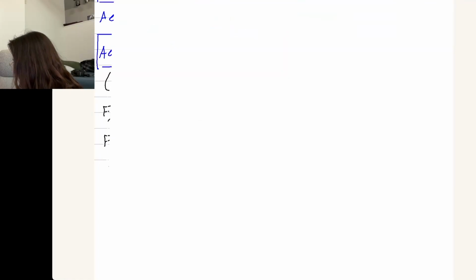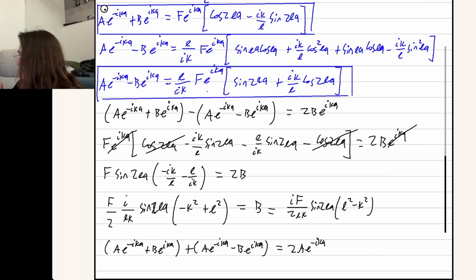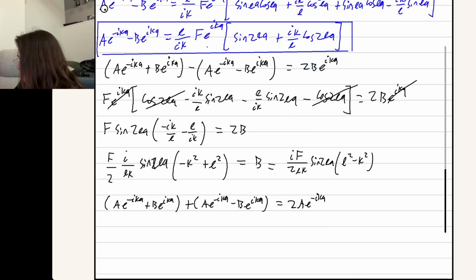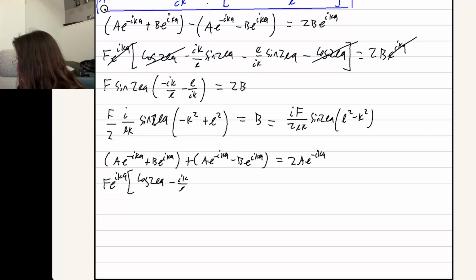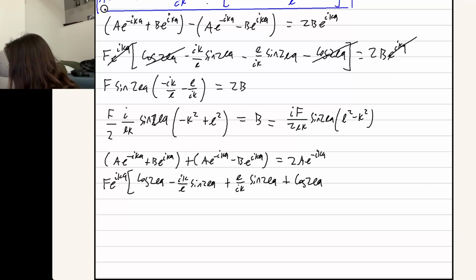So we're going to take these two equations here and sort of add them up. So we have f e to the ika cosine 2LA minus ik over L sine 2LA plus L over ik sine 2LA plus cosine 2LA. And on the right hand side it's 2a e to the minus ika.